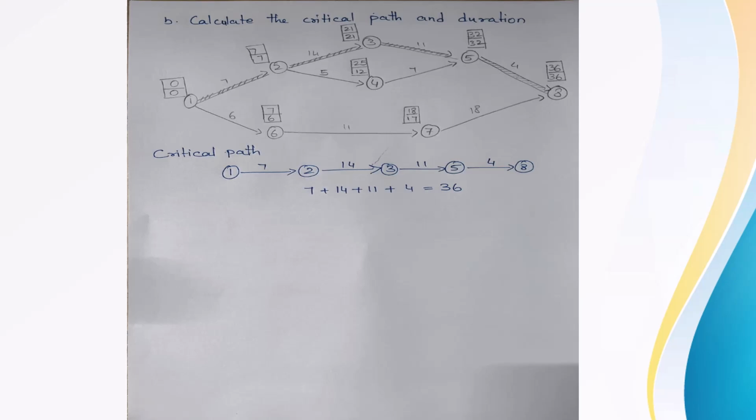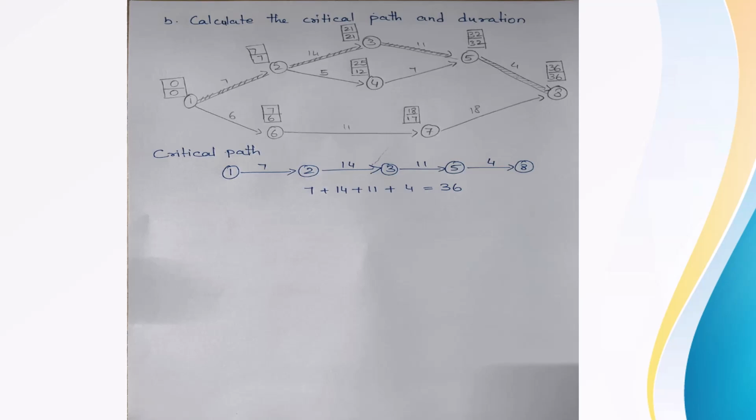Now, if you see 3 to 5 and 4 to 5, both the activities are ending on the same activity. So we will have 21 plus 11, that is 32, and 12 plus 7, that is 19. Now what we have to consider for the EST of activity 5 is the maximum value. The rule is whenever we have a tie on any activity, in the case of EST you have to take the maximum value.